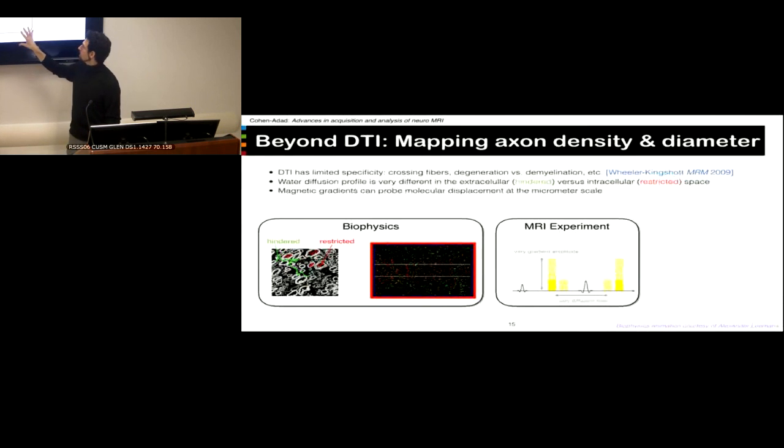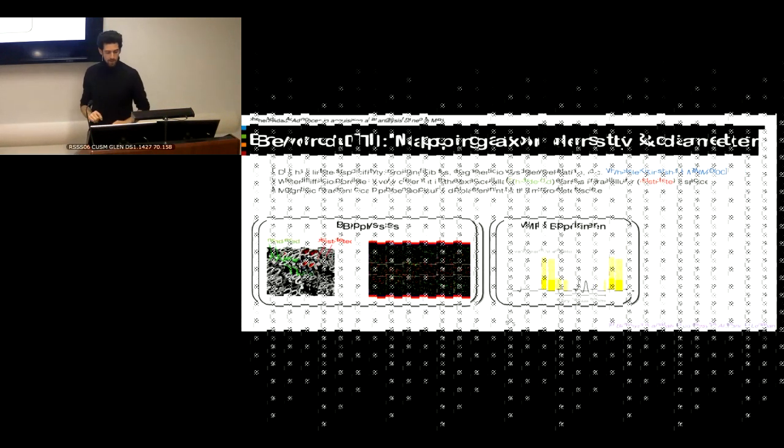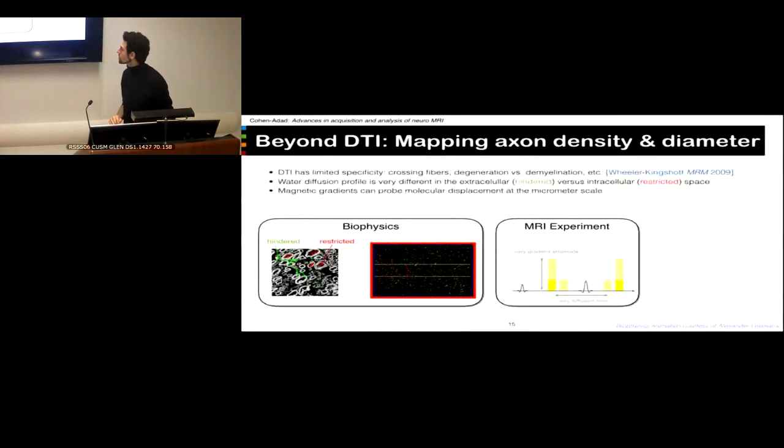So that's a typical spin echo with diffusion encoding gradients. But what we're going to do is vary those amplitudes and also what we call the mixing time on each side of the 180 degree pulse.